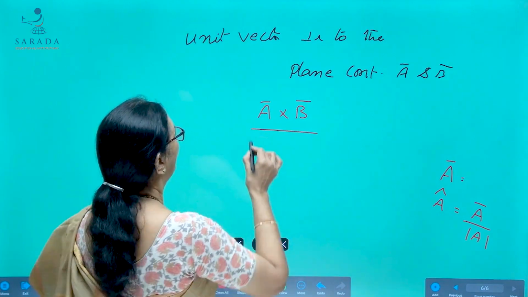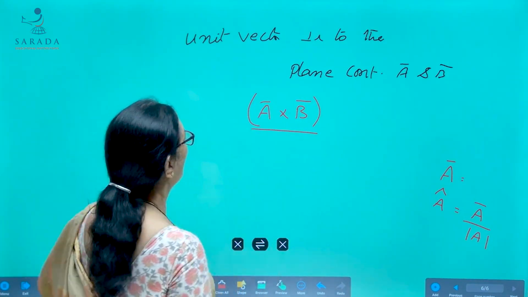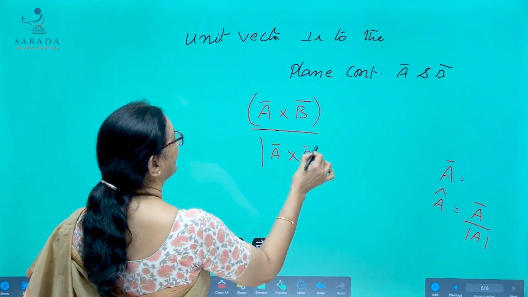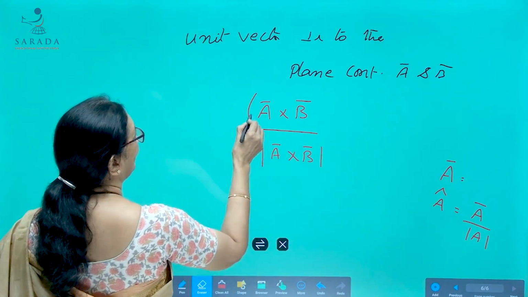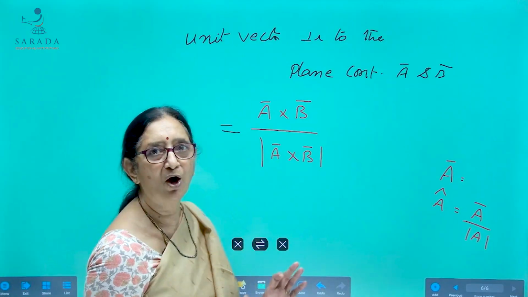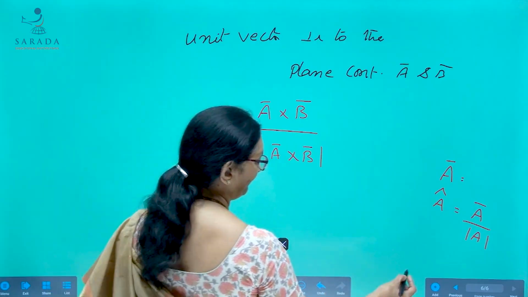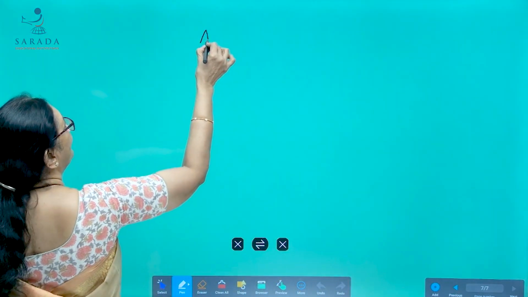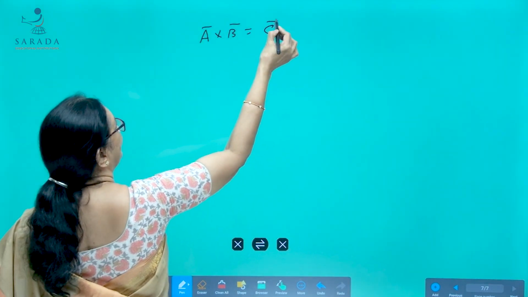So here we want the unit vector of a bar cross b bar. So we have to divide that with its magnitude. So the unit vector is a bar cross b bar by modulus of a cross b. Okay, so if we consolidate all the points, simply a bar cross b bar is equal to c bar. It's a vector.